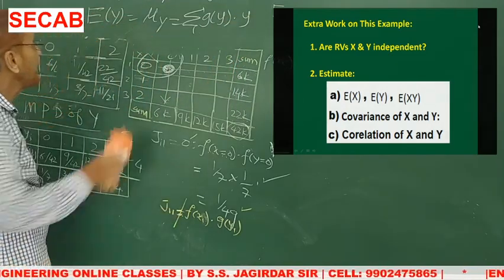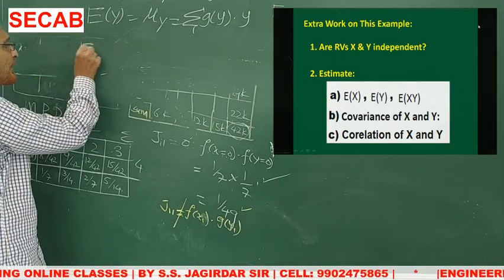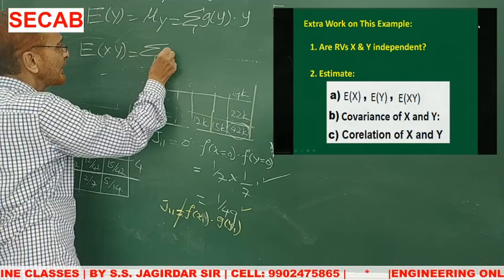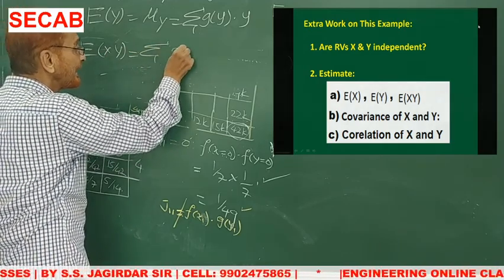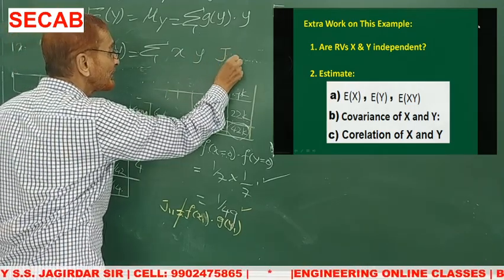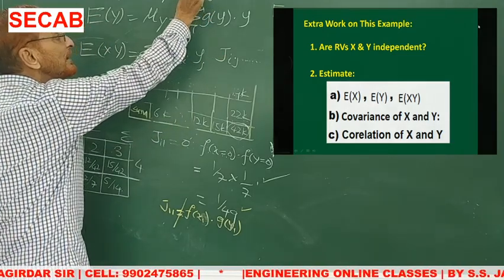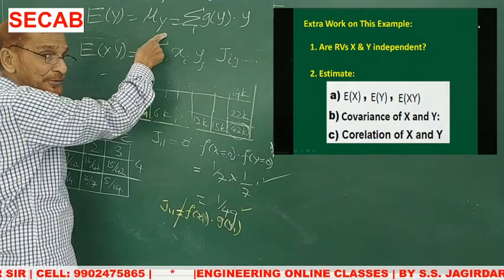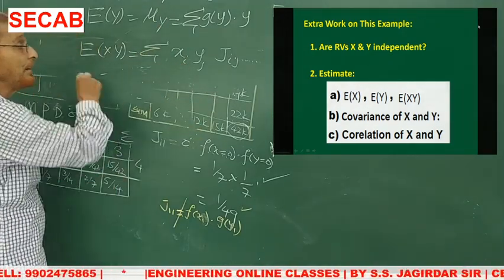Similarly, expectation of xy is equal to sigma of xi, yj and Jij values. So for this you refer to the marginal probability distribution table of x, the marginal probability distribution of y for the second, and for this you have to refer to the joint probability table.